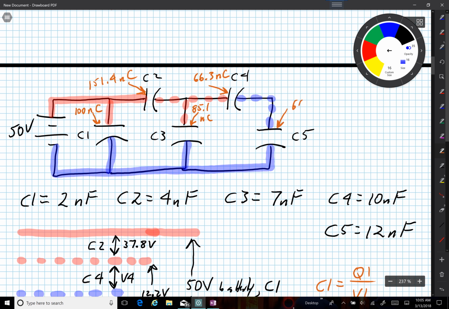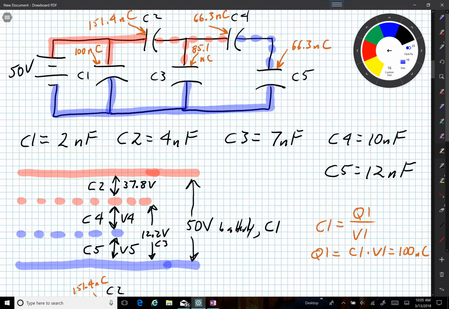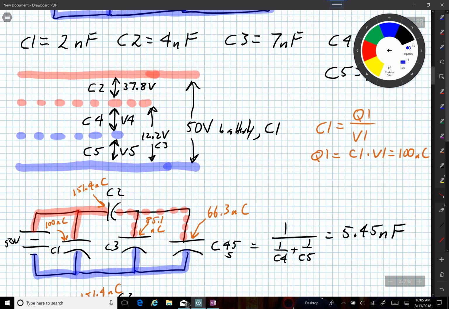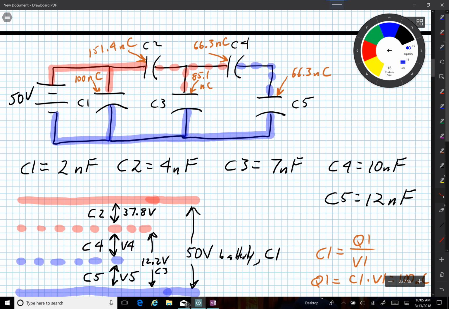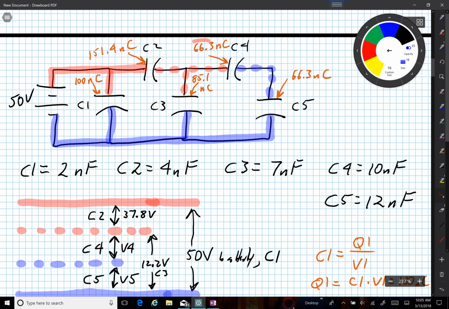And since this is in series with it, this is also 66.3 nanocoulombs, because C4 and C5 are in series with each other. That's what created this capacitor here, the series combination of those two. So our rule said that in series, the same charge appears on the plates. Okay, so now I know the charge on C5 and the charge on C4.